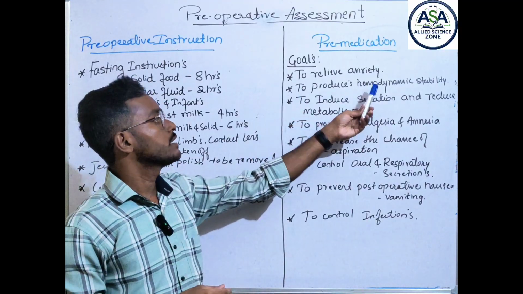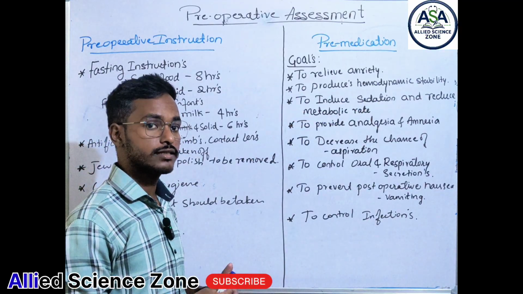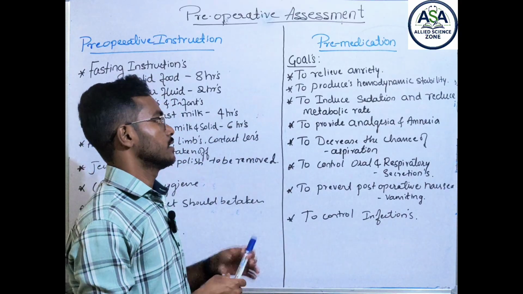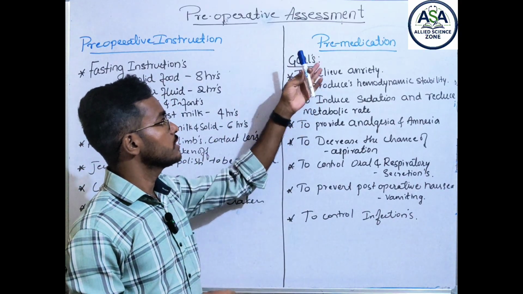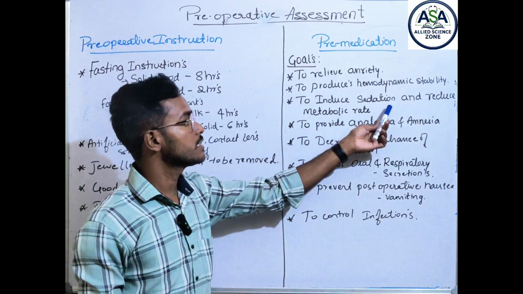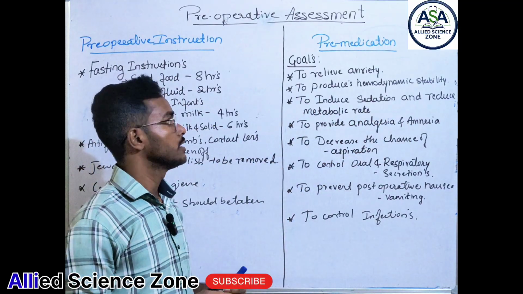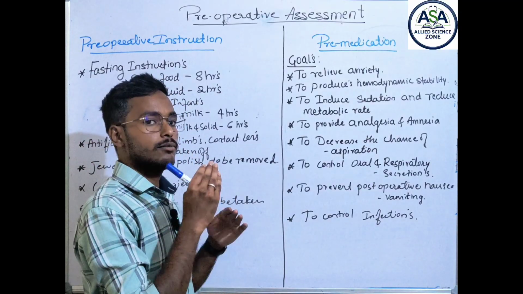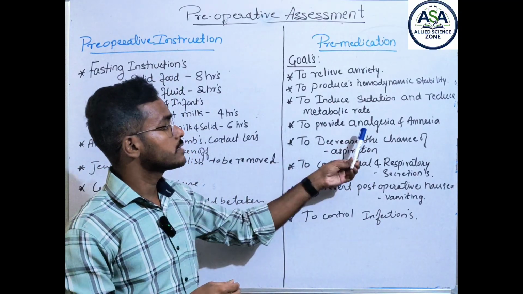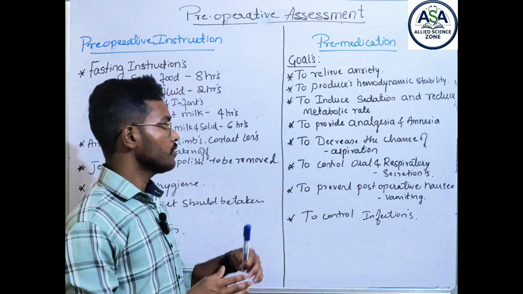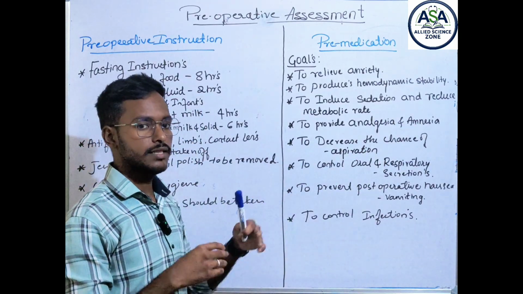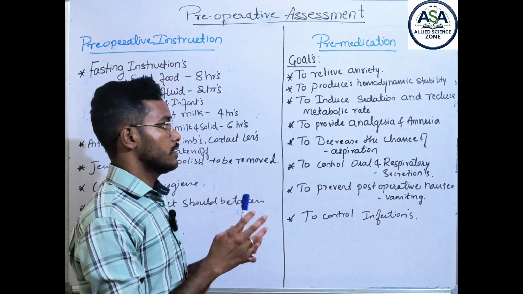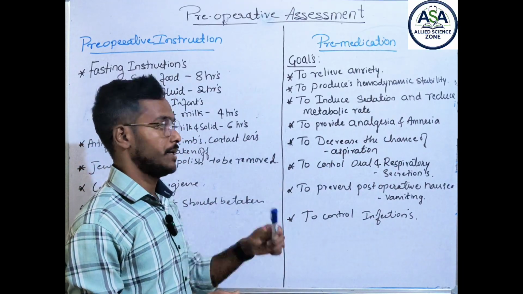It also produces hemodynamic stability. Next, pre-medication induces sedation and good sleep, and reduces the metabolic rate. It provides analgesia and amnesia. Analgesia means pain relief, and both analgesia and amnesia are provided by pre-medication.